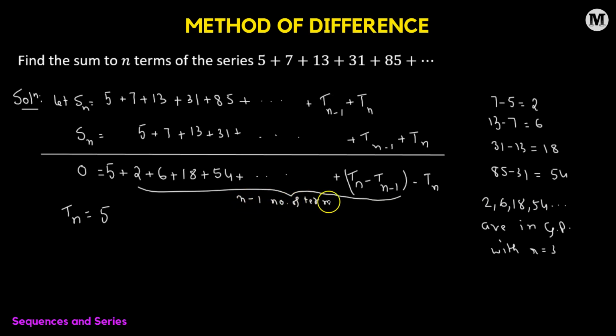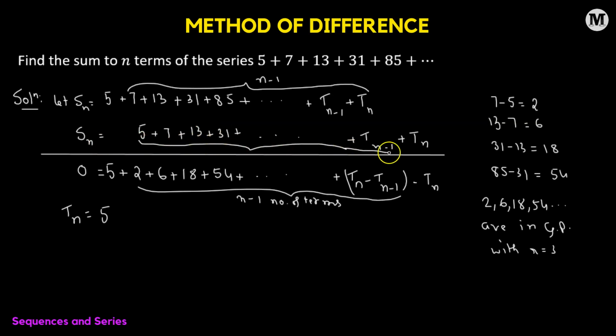Now let's verify why it has only n minus 1 number of terms and not n number of terms. For the first sum Sn, we excluded the first term, which is 5, and we considered the second term all the way up to the last term. So by definition, Sn has n number of terms. If we exclude one of the terms, we're left with n minus 1 number of terms. Then for the second sum Sn, we consider the first term all the way up to the second last term.